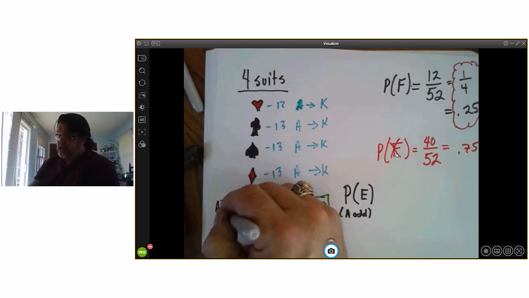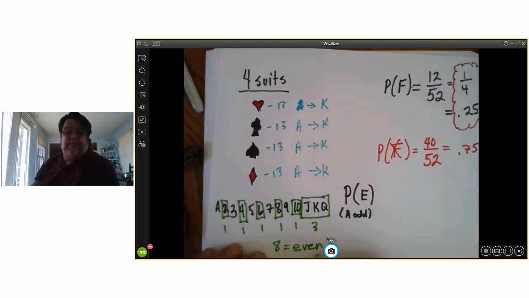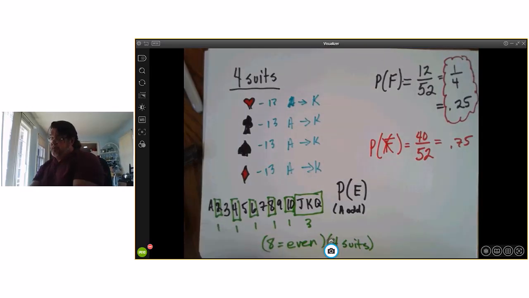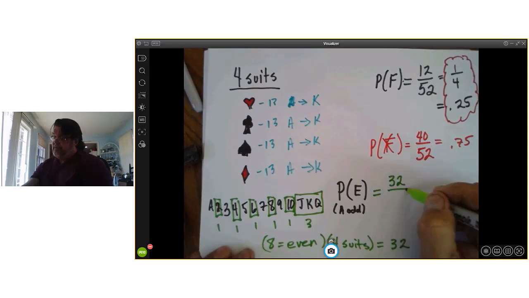So in each suit, we got 1, 2, 3, 4, 5, 8 cards that are even. How many suits do we have? Times 4 suits. So how many are even out of a deck of cards? 32. So the probability of even would be 32 over 52.